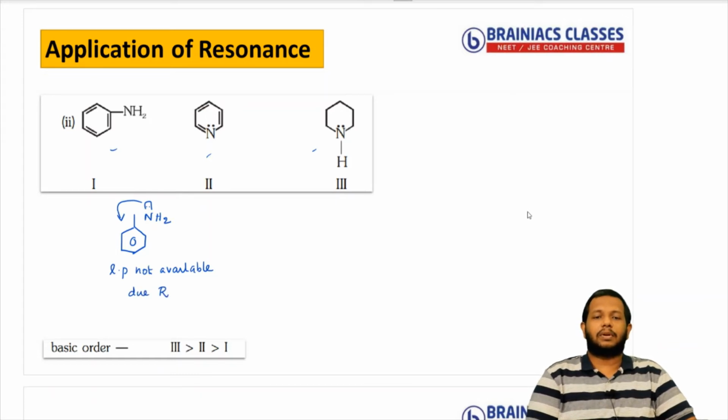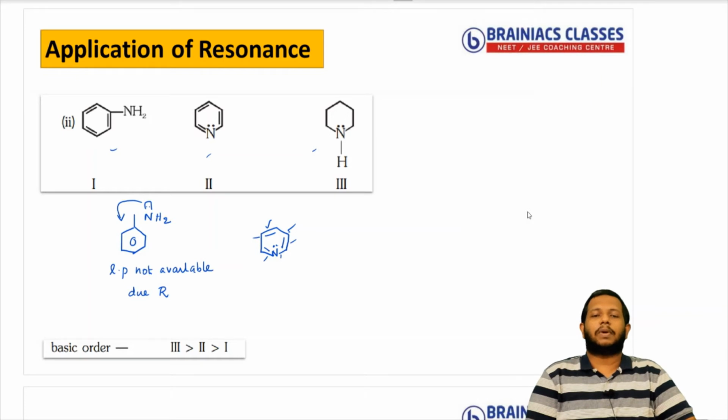Now in the next compound, you see that the nitrogen is part of the ring. You can see alternating double bonds coming. But one important thing, the lone pair is present inside, but I know that it is double bond, double bond, then single bond, double bond, single bond.